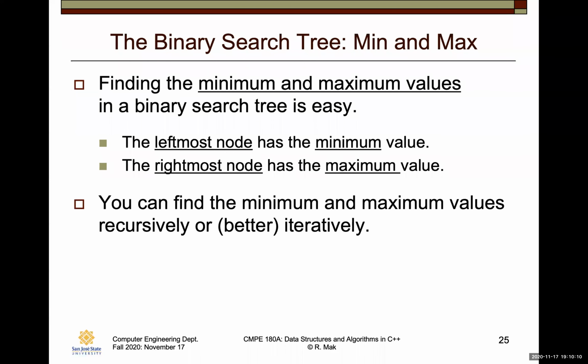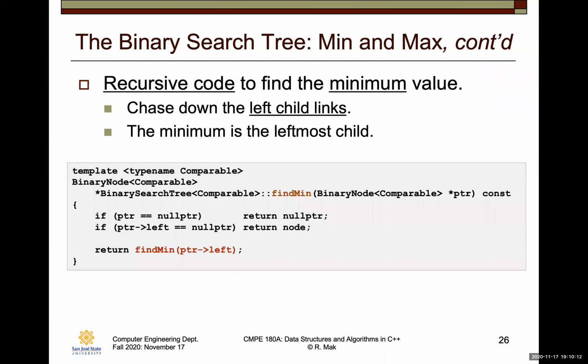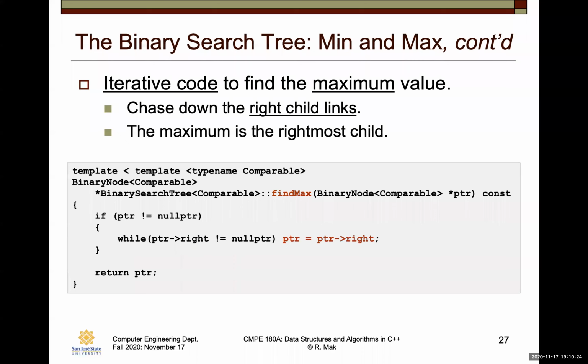Let's find the minimum value. Actually, it's probably better if I show you an iterative version first. So let's do the iterative code to find the maximum value, which of course is the rightmost node. We have a binary search tree, and we're calling find.